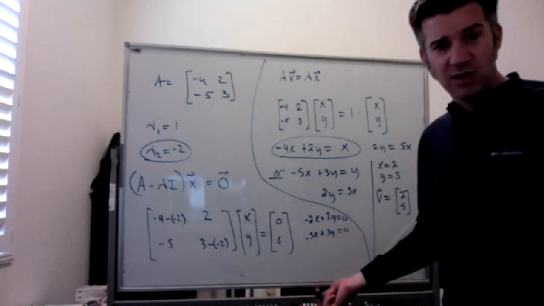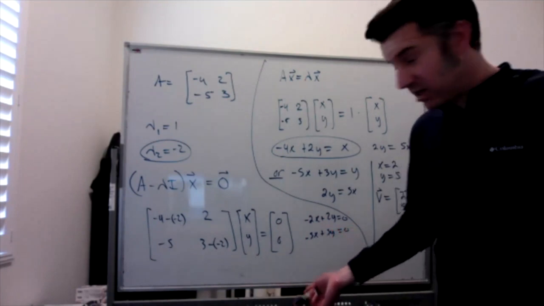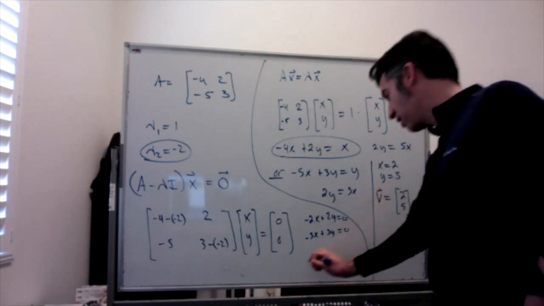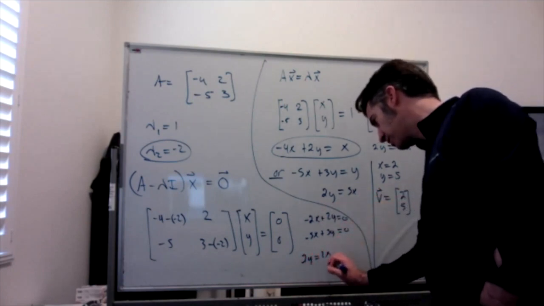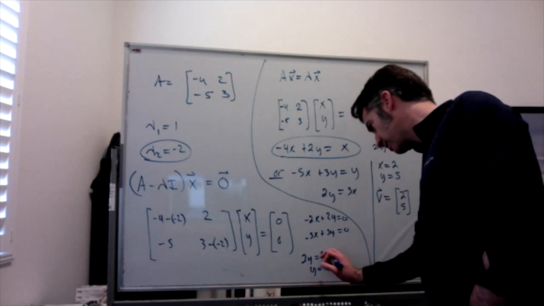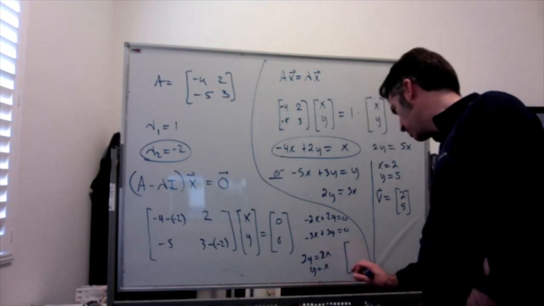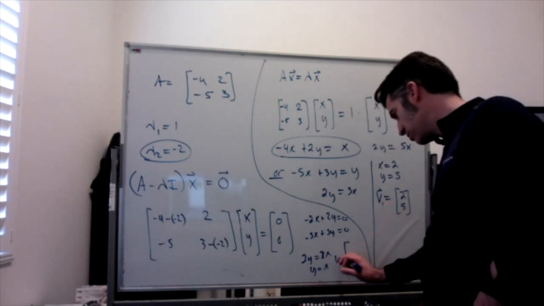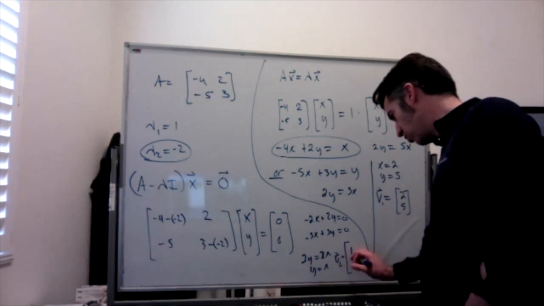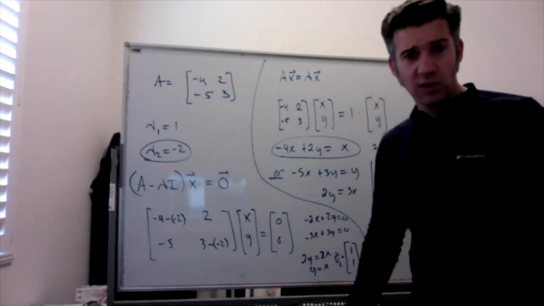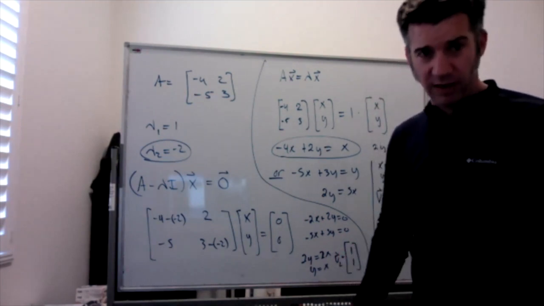In either case, you're going to get y equal to x. If I add 2x over, I get 2y equal to 2x, which is y equal to x. So my eigenvector here is the vector 1, 1. Or 2, 2, or 5, 5, or whatever you want to pick, but 1, 1 is the most natural choice.